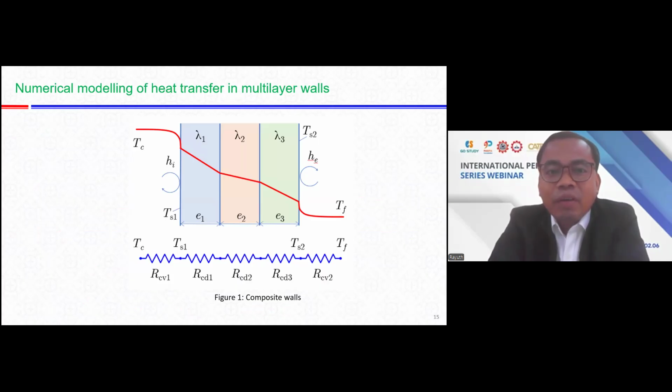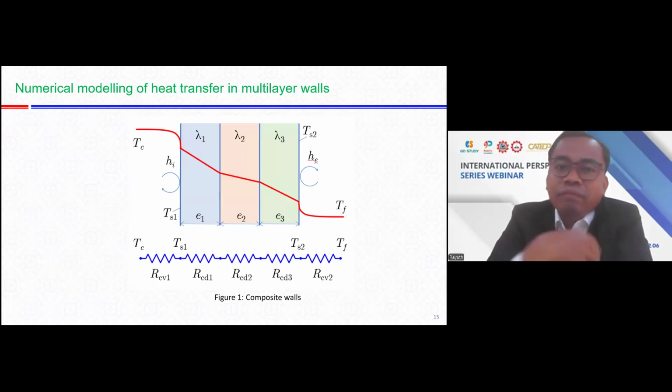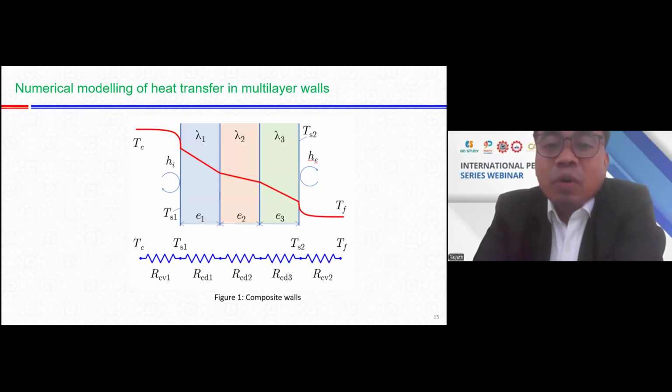The temperature goes from TC to TF, because TF is the low temperature, through the composite wall. We know the thermal conductivity and the conditions of the heat.